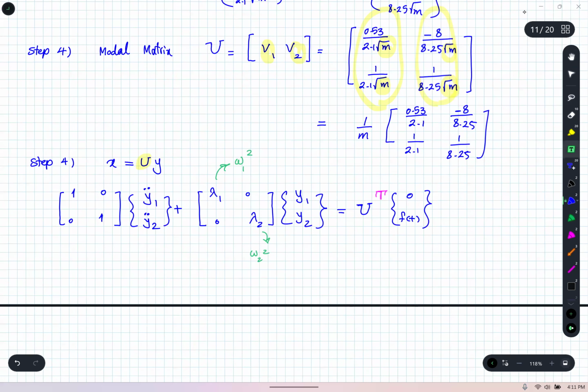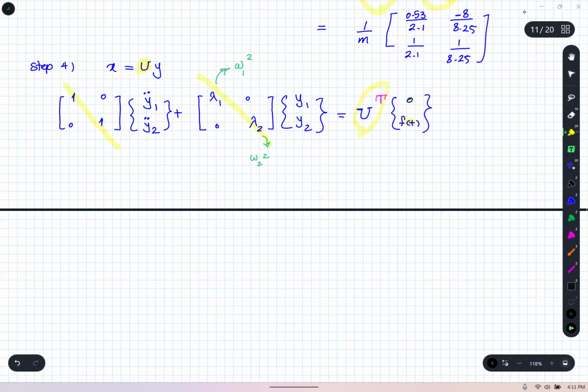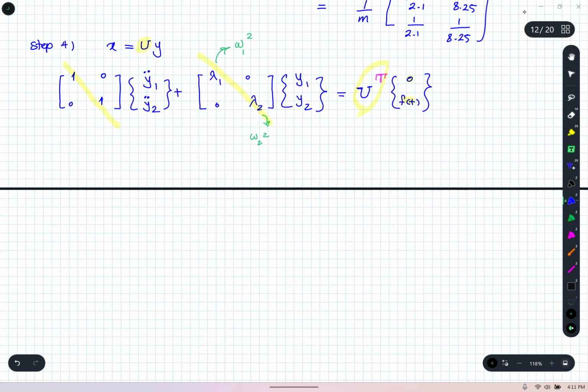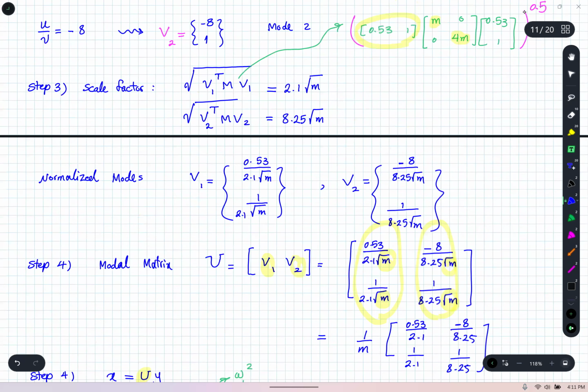The good thing about these equations now is they are diagonal. It means I have two independent equations, right? And I have the U transpose there, which needs to multiply by this value. If I do that part, let's just quickly do that one. Y double dot 1 plus, I'm just going to replace lambda 1 and lambda 2.